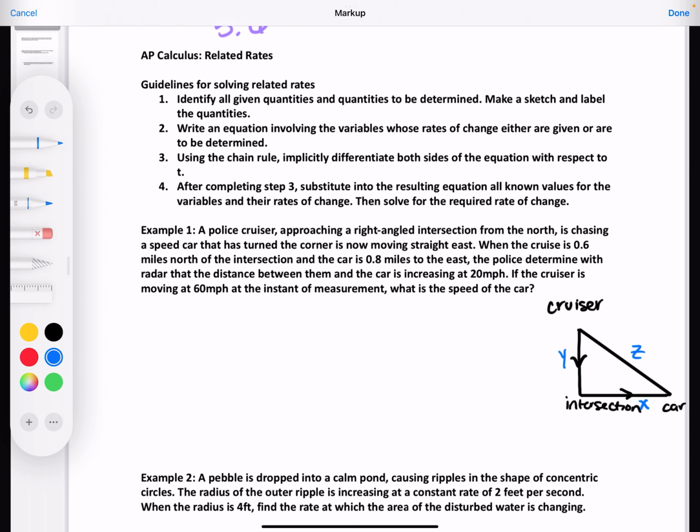Then typically what I will do is x, and dx dt.